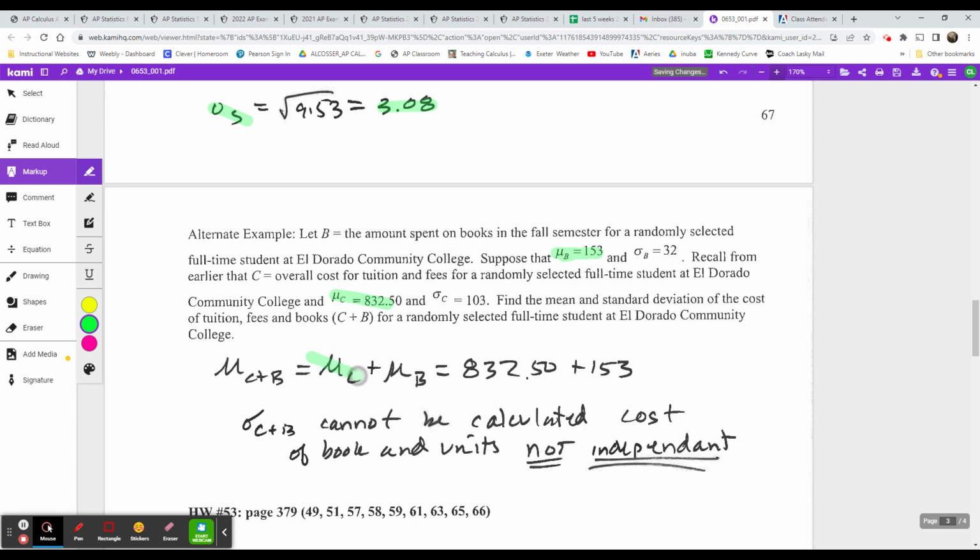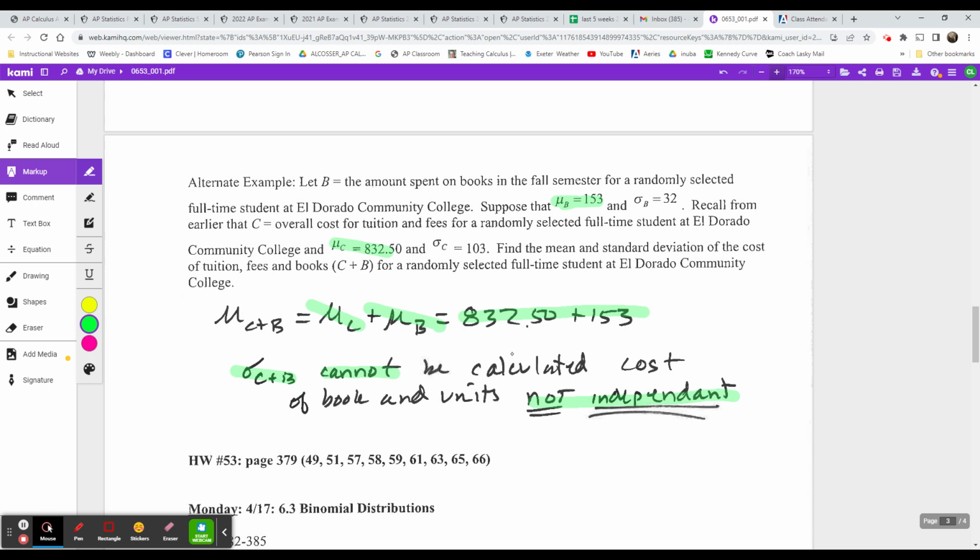If we add those two together, the expected value of units and book cost is 832.5 plus 153. Now, we cannot calculate the standard deviation because books and units are not independent of each other. If I take more units, I'm going to pay more, because I have to buy more books. Since they're not independent, it violates the rule, so we can't find the standard deviation. That's our little bit of help.